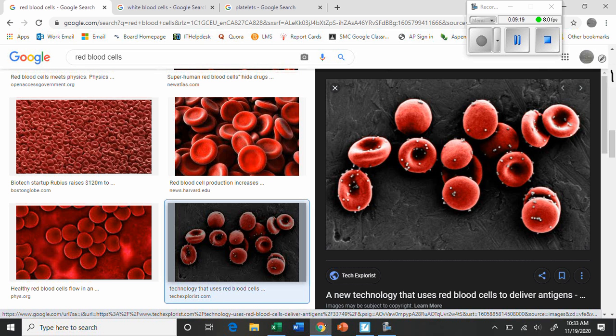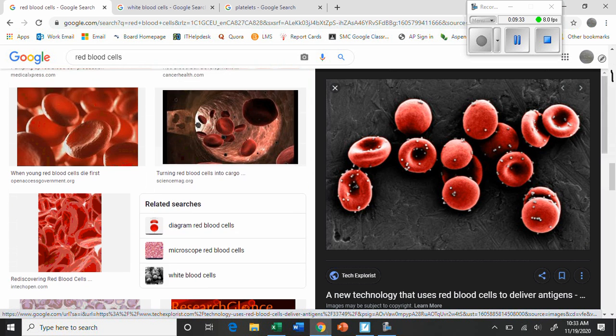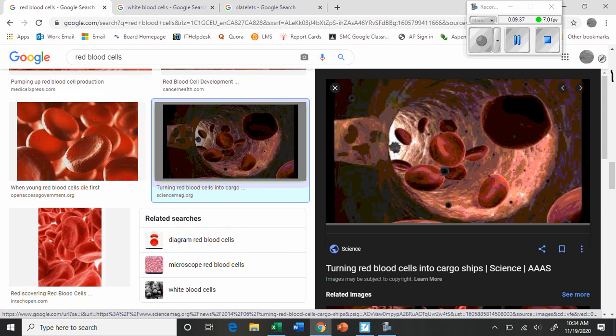Right now, you can see how it has the dent in it. In this picture, it looks like the dent is really pretty much only on one side, because there are some that are not dented on the other side. If I go back to my pictures, or let's see what else is on there. Here you can see an interesting picture of the blood cells going through a blood vessel, and you can see the size.